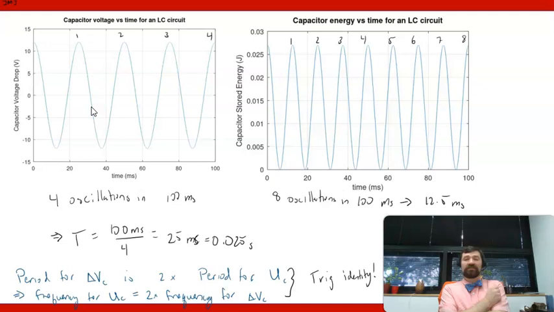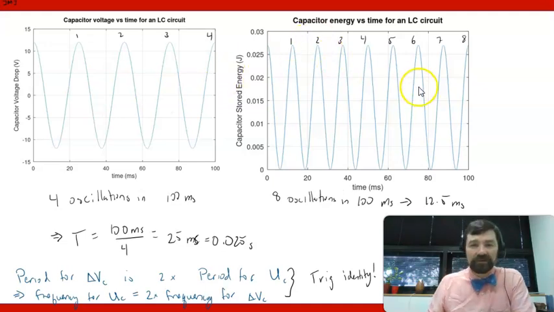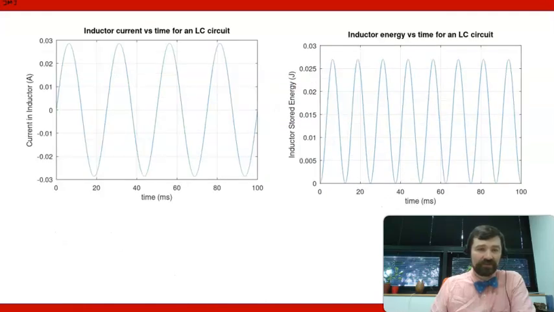So you expect there to be double the frequency for the energy as for the voltage. Same thing is true, by the way, if you were to go down here and compare for the inductor the energy versus time and the current versus time, since energy goes like current squared.